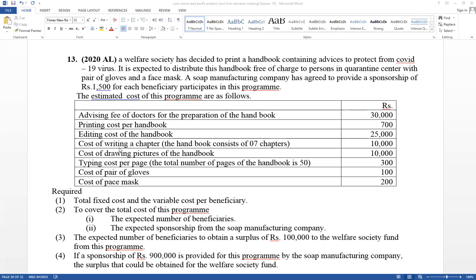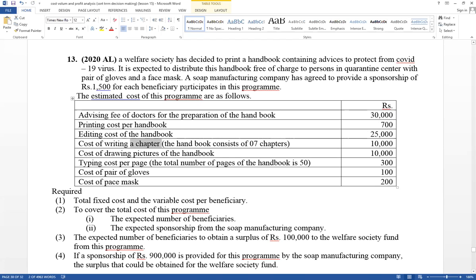And cost of writing a chapter: the handbook consists of 7 chapters, 10,000 a chapter. There are 7 chapters, but it does not vary with the number of beneficiaries. It varies with the number of chapters.